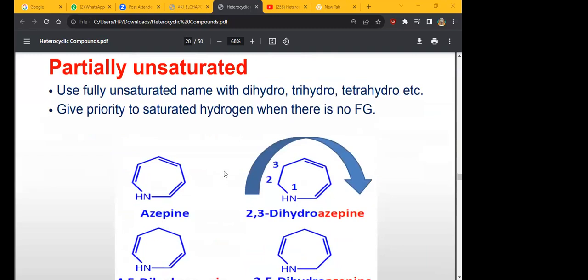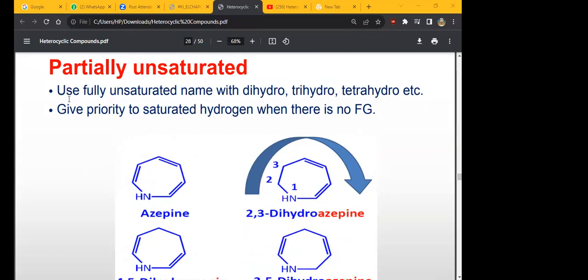Let's say we have a structure that is partially saturated. When we say a structure is partially saturated, it looks something like this. You see, this one is fully unsaturated because all the carbons don't have the maximum number of hydrogen. But you see here, there are some carbons that have the maximum number of hydrogen.